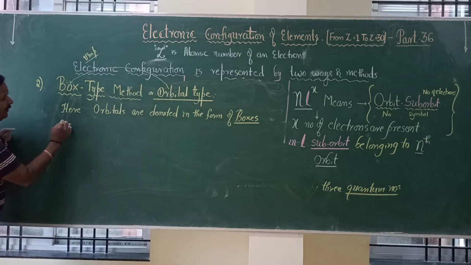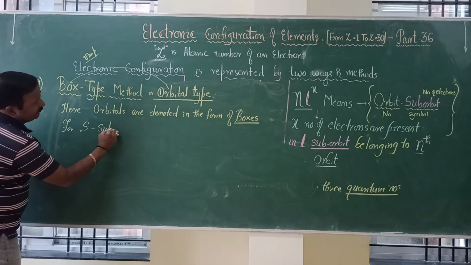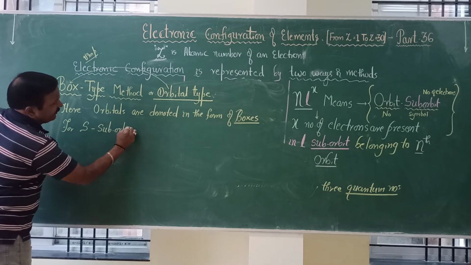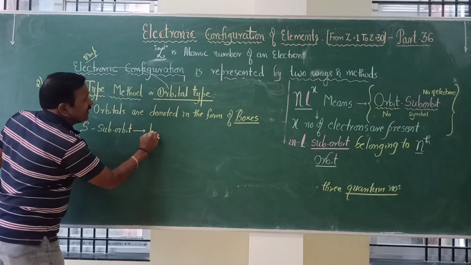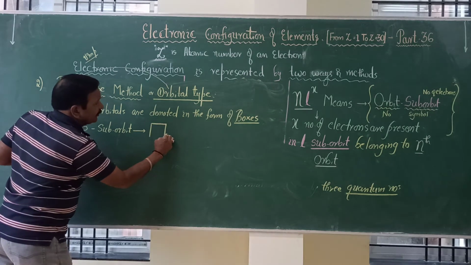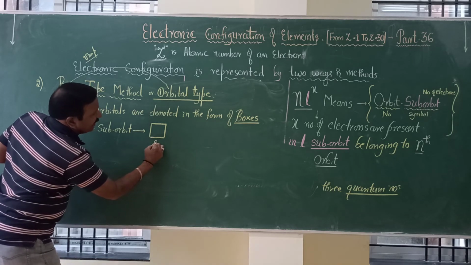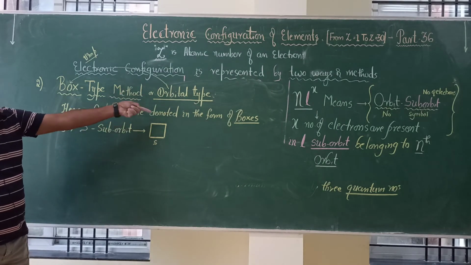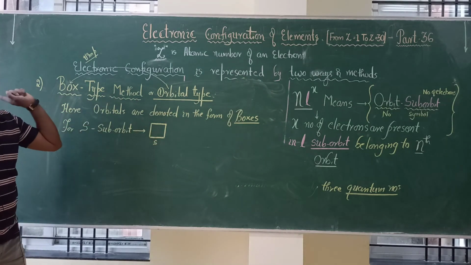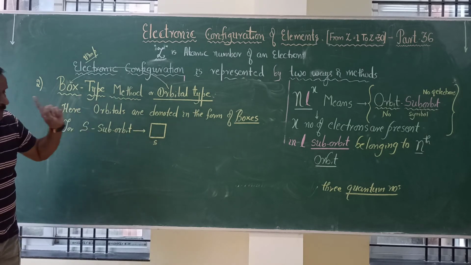If you want, for the s suborbit, the orbital diagram will be, there is no degenerate orbital. So this is what we write here, s. It may be 1s, 2s, 3s, 4s. For everything, only one box. That's all. But below we are going to write 1s, 2s, whatever that may be.